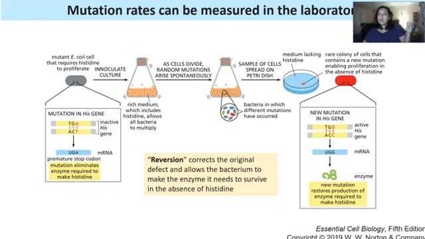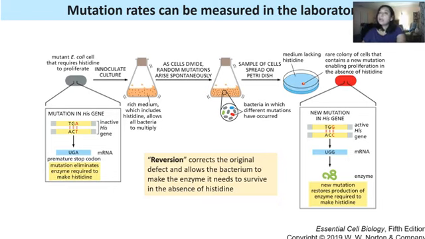So if all the cells remain the way they were, no cells will grow because remember, they require histidine to grow. But if they weren't stable and if there were mutations occurring, one of them might have a mutation that now reverts it back to the original, leading to a colony forming.